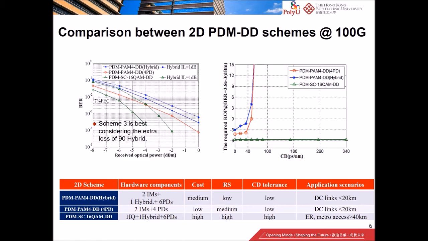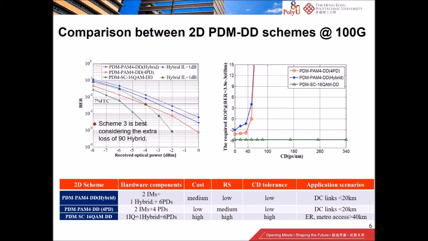The graph on the left shows the bit error ratio as a function of the receiver sensitivity. You can see here that the case with the hybrid and intensity modulation on both polarizations has the worst receiver sensitivity.